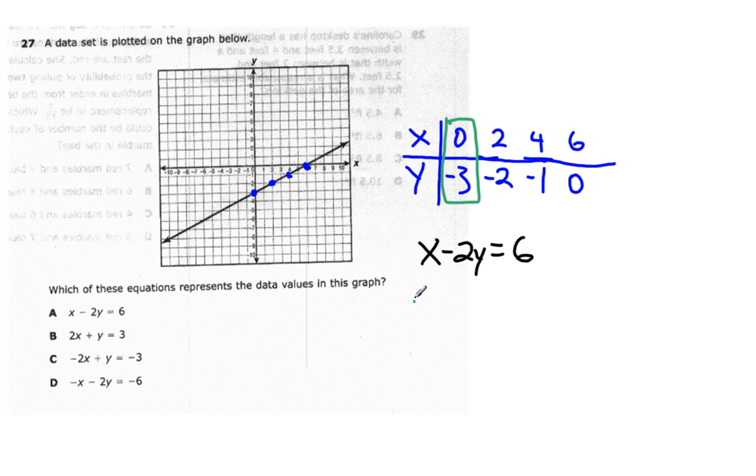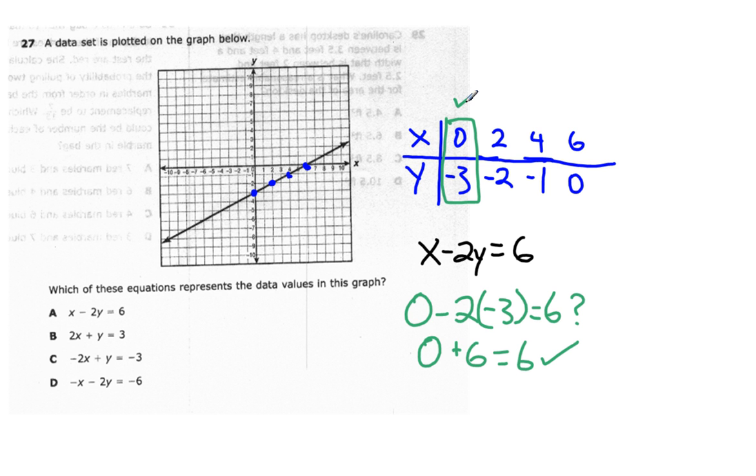So X is 0 minus 2 times, and Y is -3. And this should equal 6. That's what we want to know. So -2 times -3 is positive 6. Remember, a negative times a negative is always positive. 0 plus 6. Does 0 plus 6 equal 6? Yes. So it works that first time.